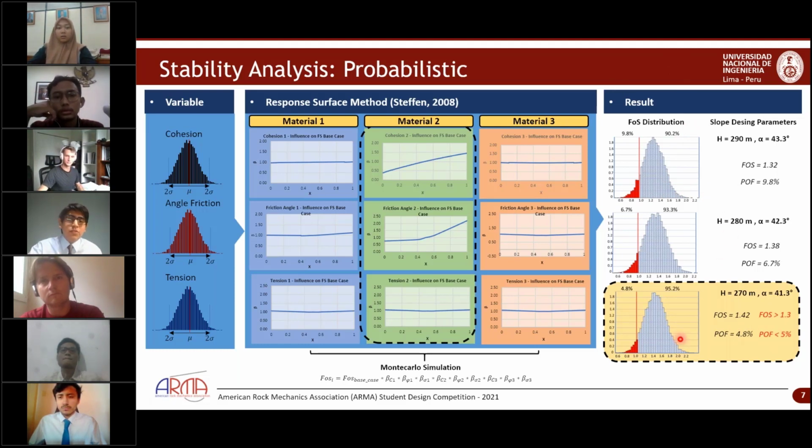No, the failure mode or failure surface in the case of the probabilistic was assumed as the same as the Slide slope because we varied some values and some were controlled in the Slide software. Okay.